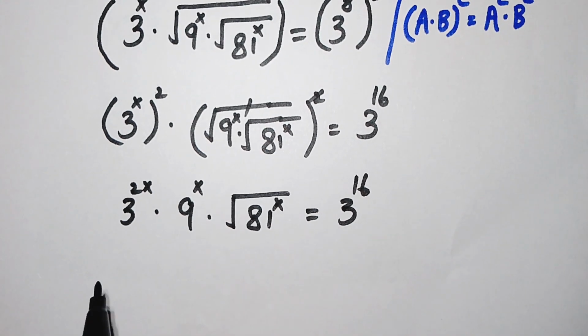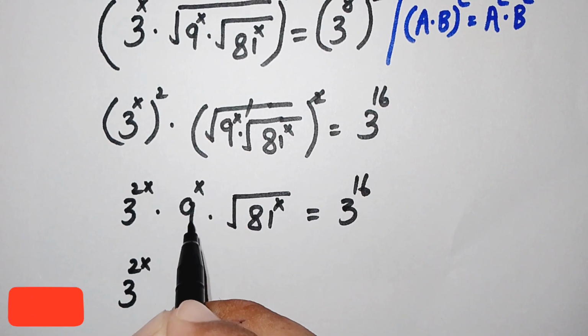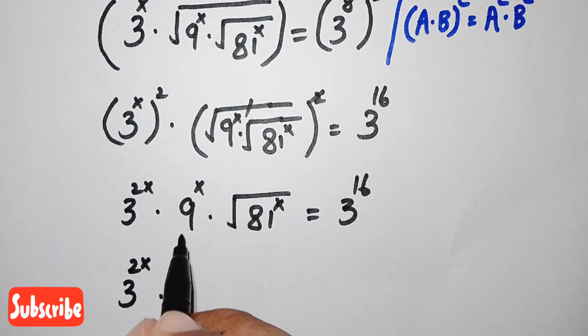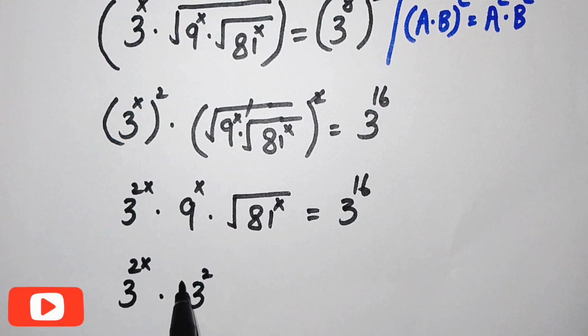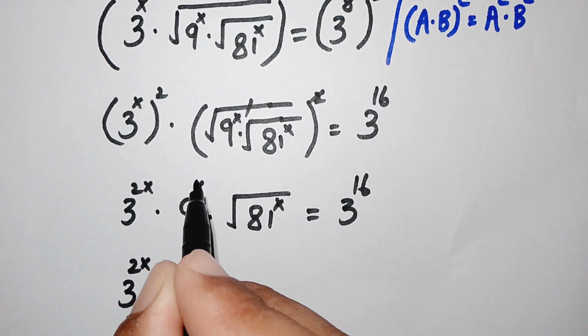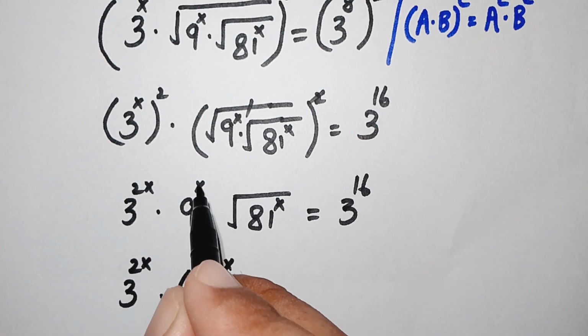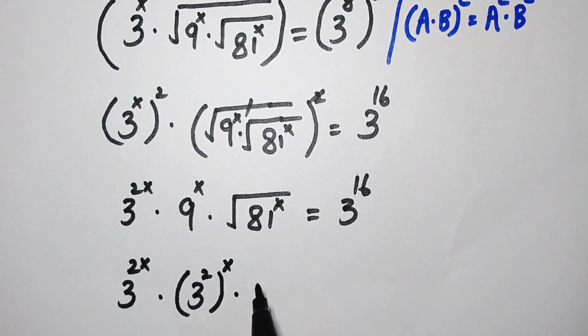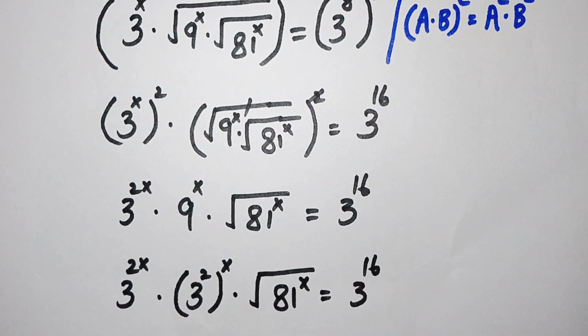Now in the next step, here 3 to the power of 2x, this 9 is equal to 3 square. 3 square is equal to 9, and to the whole power of x. So 3 square to the whole power of x is equal to 9 to the power of x times the square root of 81 to the power of x, which is equal to 3 to the power of 16.